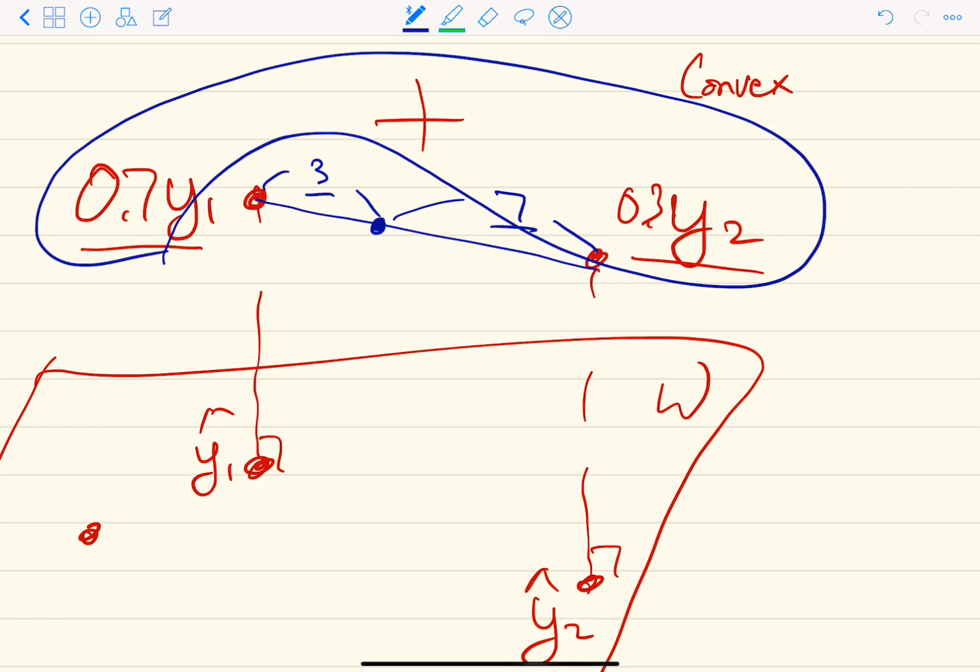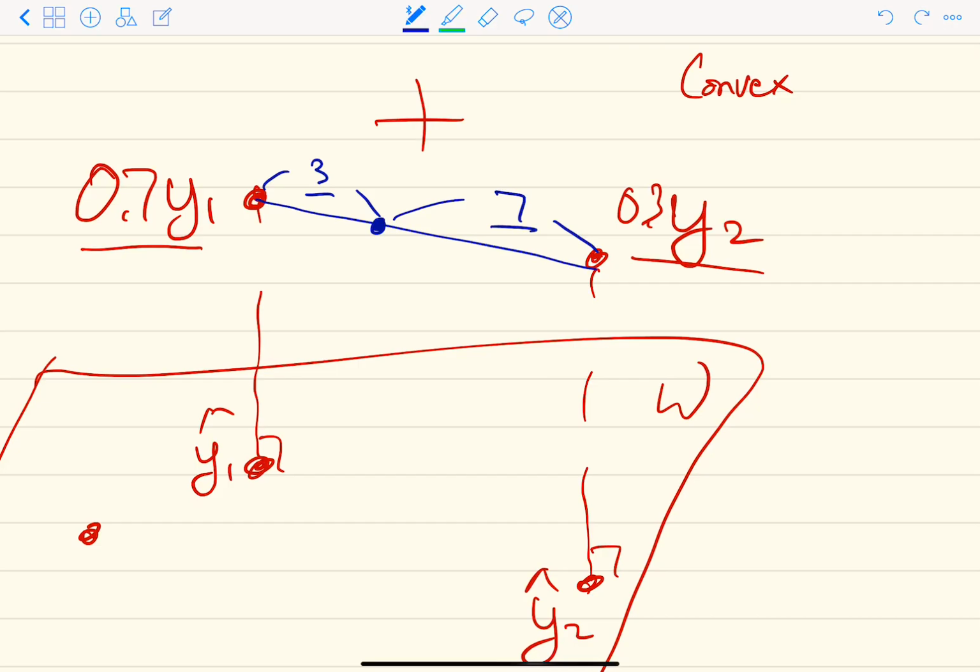We first perform this linear combination and then do the orthogonal projection, and in that case the result will be over here. Then let's consider the linear combination of the orthogonal projection outputs of the individual vectors y1 and y2.